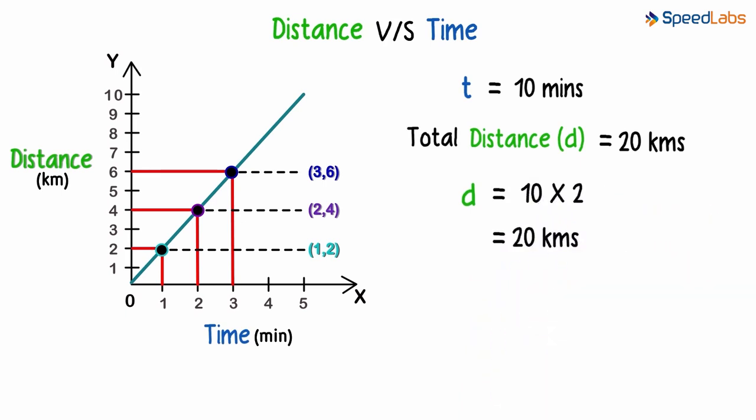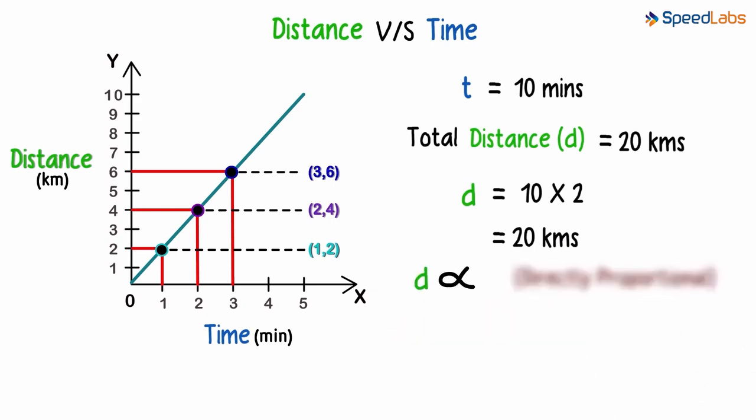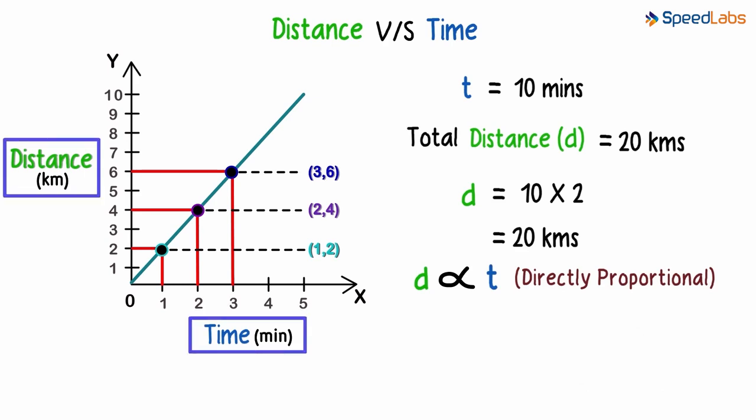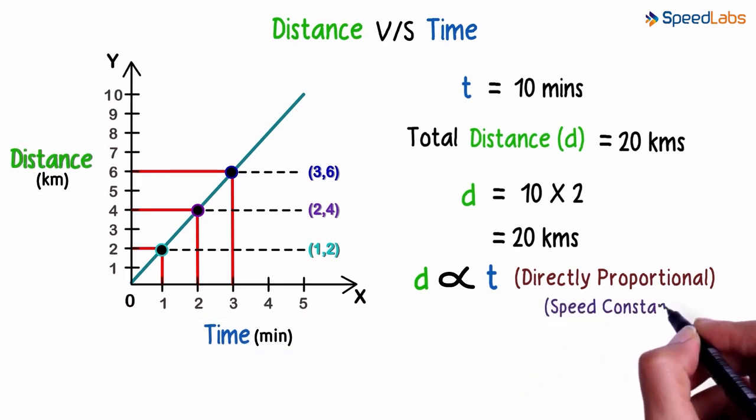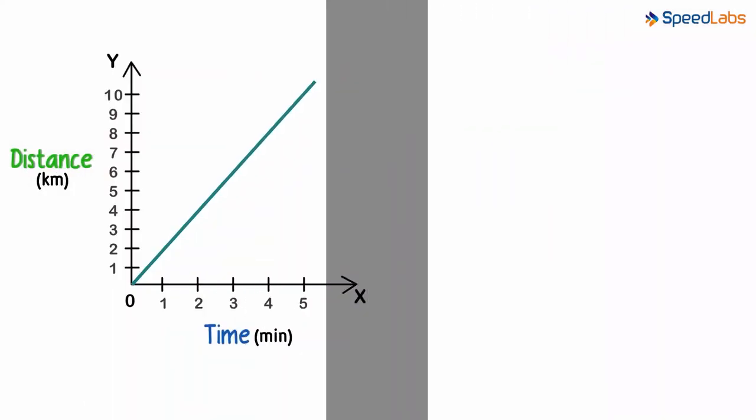As the vehicle is in a state of uniform motion, the distance covered will be directly proportional to the time. If the time is increased by a certain factor, the distance will also be increased by the same factor. In this particular case, the speed remains constant at 2 kilometers per minute. Now let me ask you a different question.